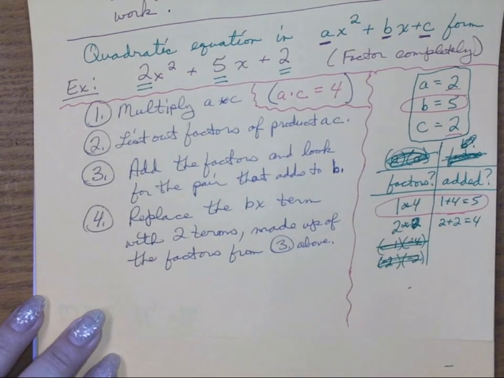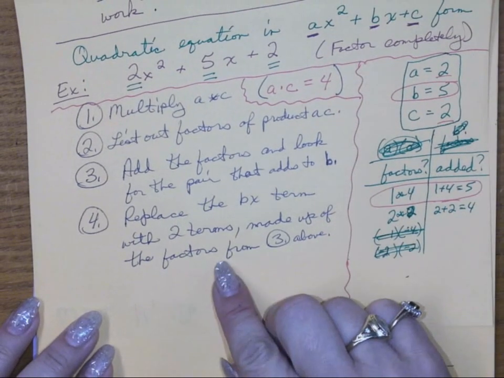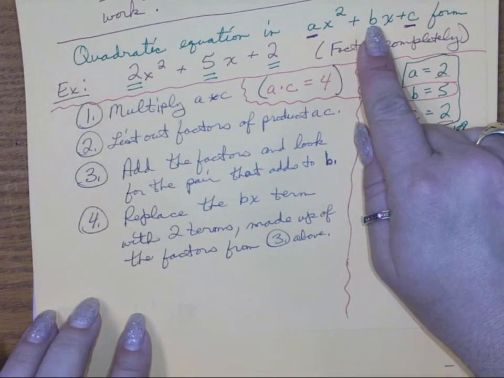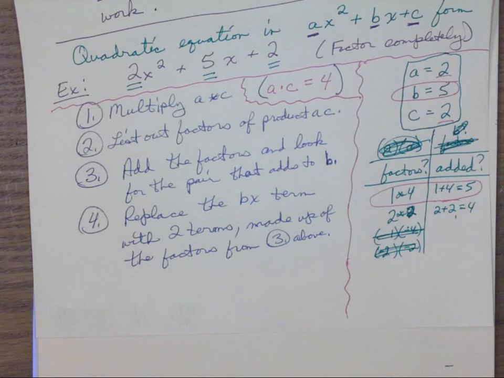Okay, so what we're saying is we're going to take our middle term, our BX term, and we're going to split it into 2 terms. We're going to replace it with 2 terms in there, and whatever it is, those 2 terms are still going to equal BX, because I don't want to change the value of my factors.